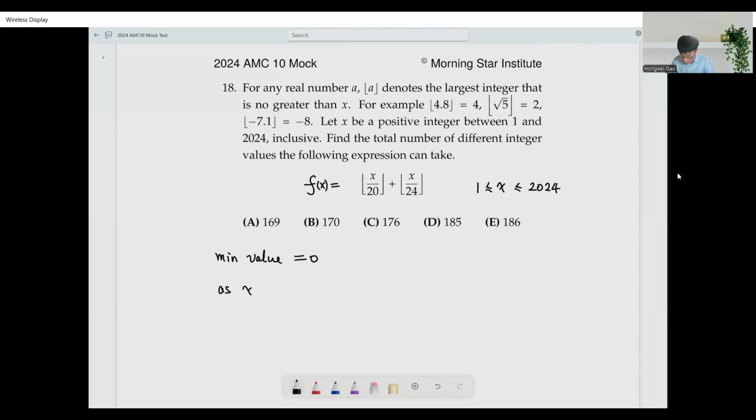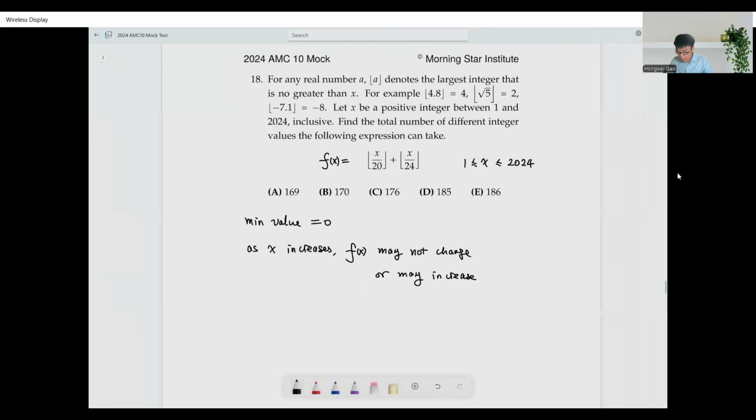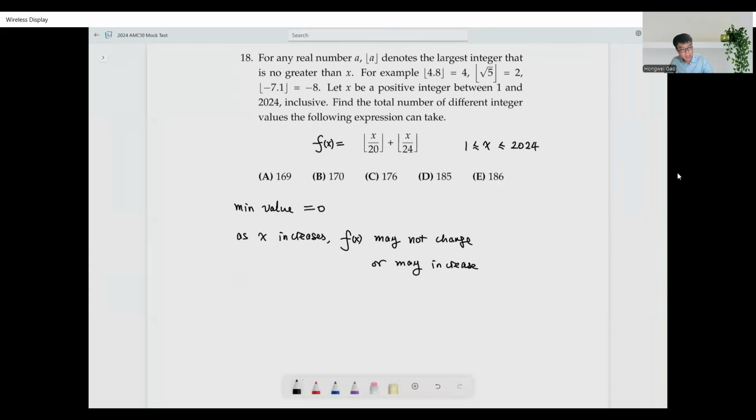As x increases, f of x may not change or may increase, right? When does this change happen?